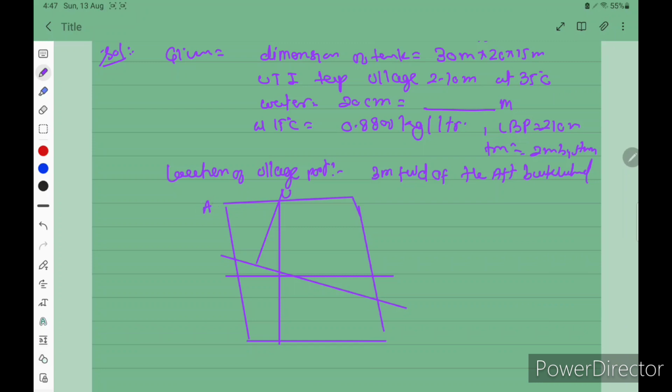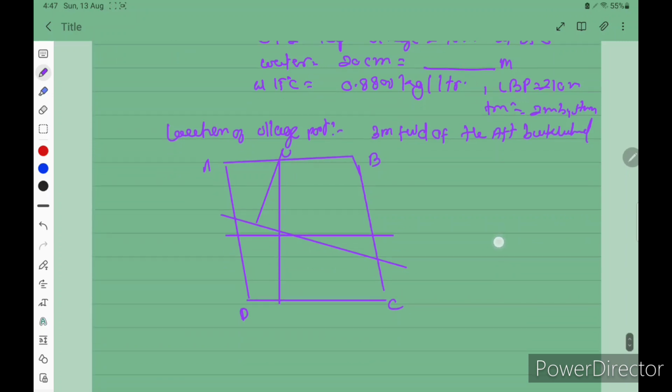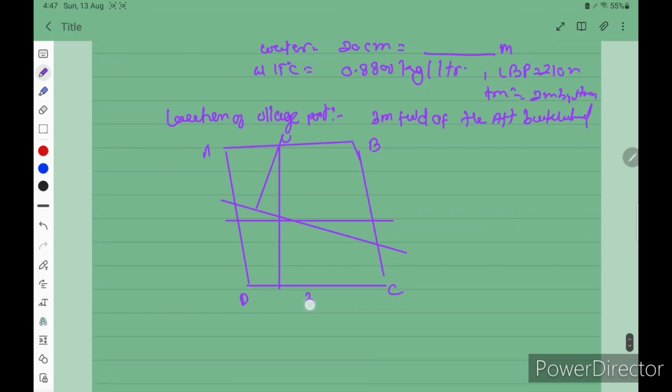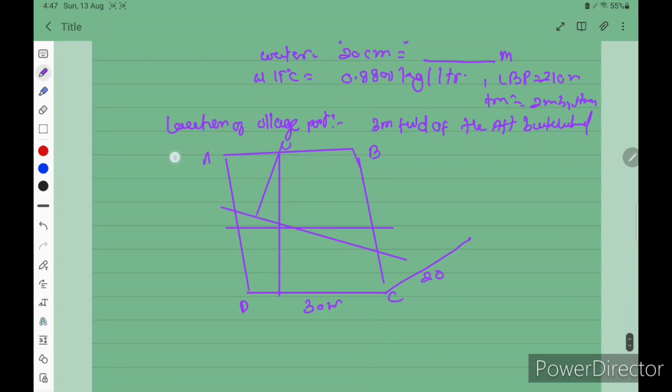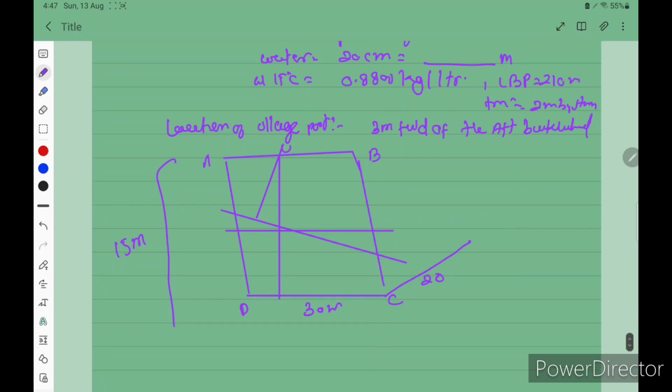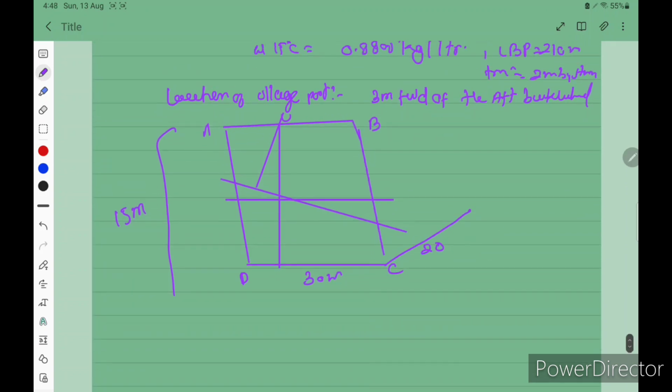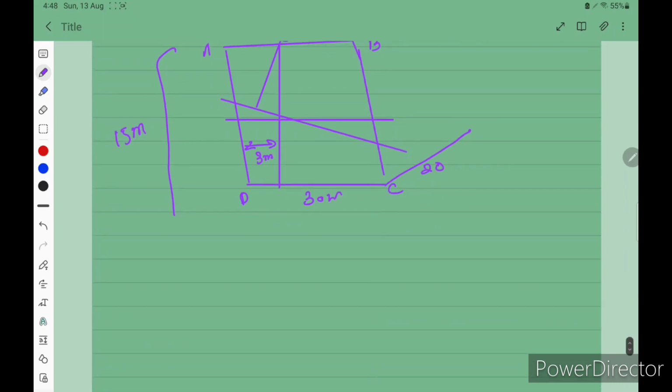Dimensions of the tank: 30 meter length, 20 meter breadth and 15 meter height. The location of the ullage port is 3 meter forward of the aft bulkhead, so this is A. Okay, so first we are going to use the first formula.